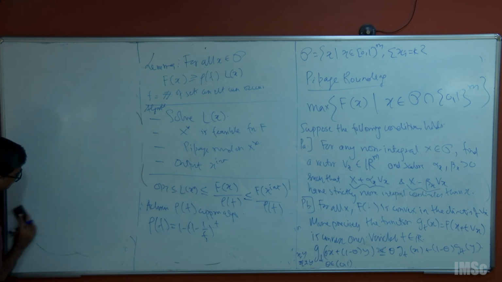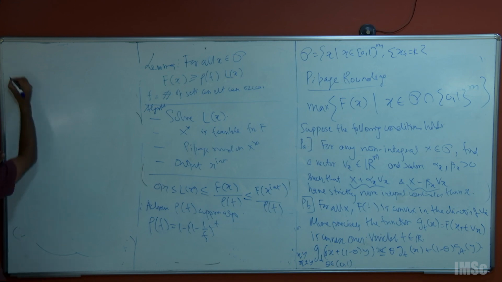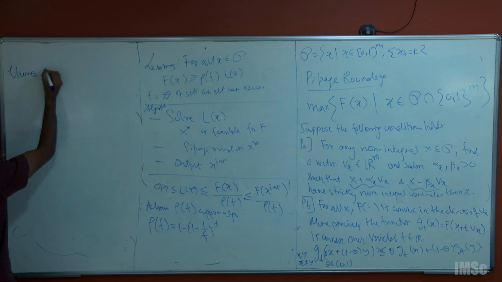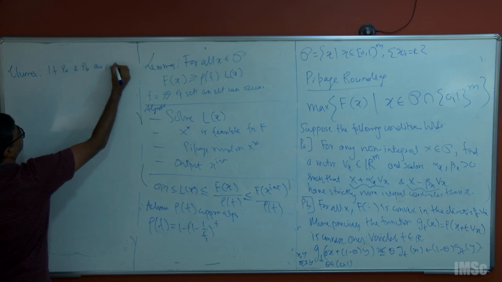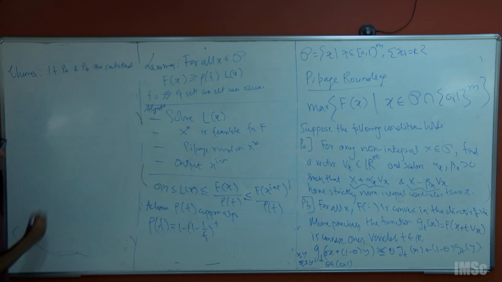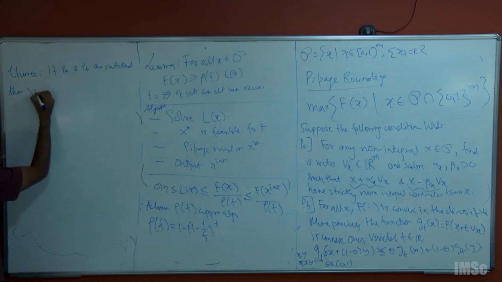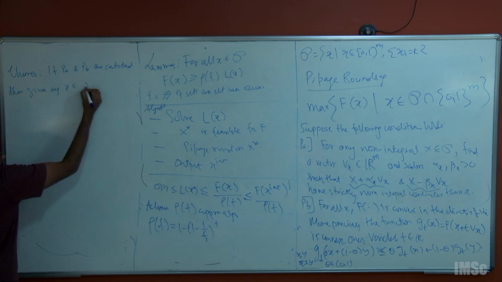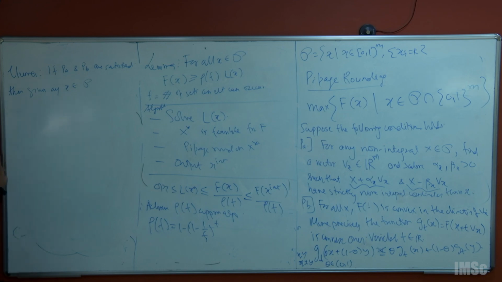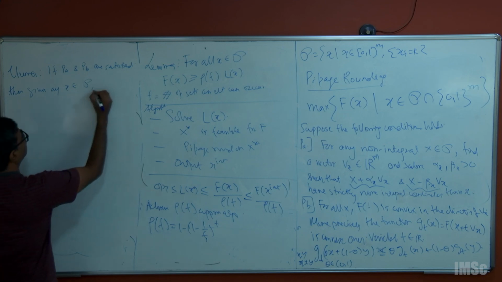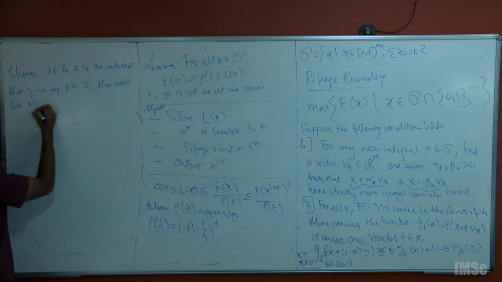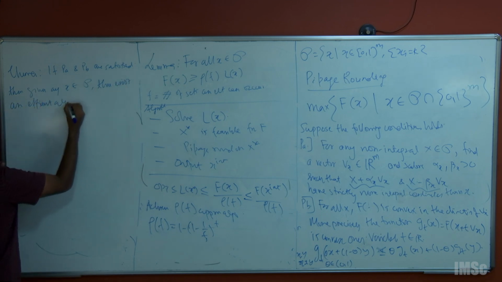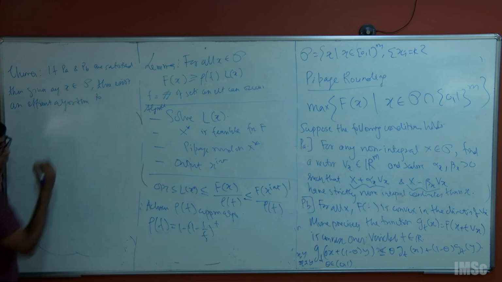So what I want to show, okay, this is a theorem I want to prove. If PA and PB are satisfied, then given any x in my polytope, any x in P, meaning a feasible solution, there exists an efficient algorithm to compute what?